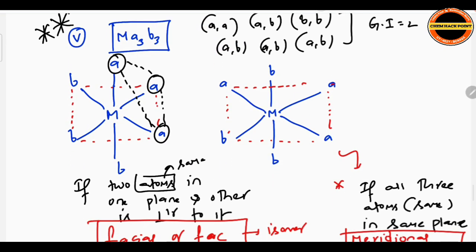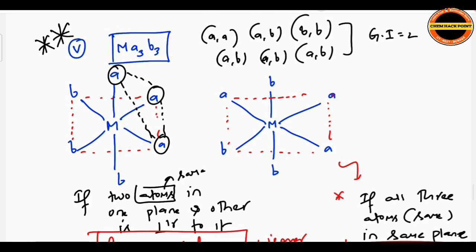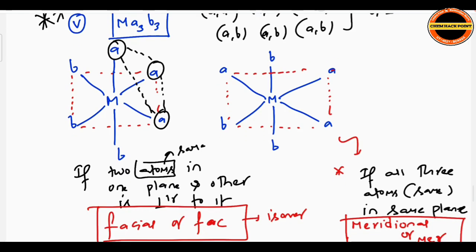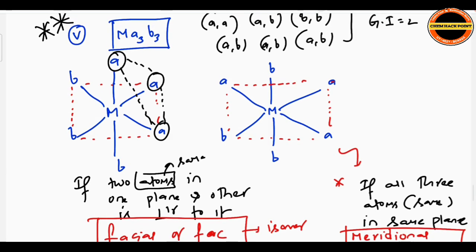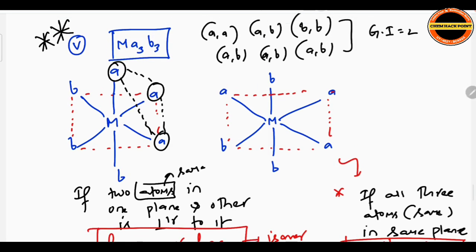But here the most important question: MA3B3 type octahedral complex, special names are given. 2 GI possible. How are they named? Generally we know cis and trans, but here you see the naming. MA3B3 we arrange like this.